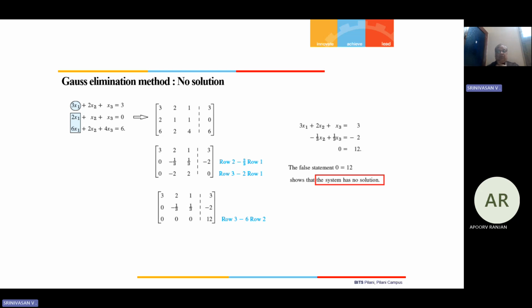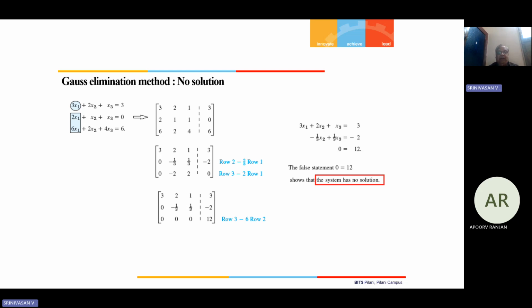How? Let us see. You are keeping R1 fixed, R2 in terms of R1, R3 in terms of R1. Then in the next set, R3 in terms of R2. After two sets of operations you end up with 3, 2, 1, 3; 0, minus 1 by 3, 1 by 3, minus 2; 0, 0, 0, 12.